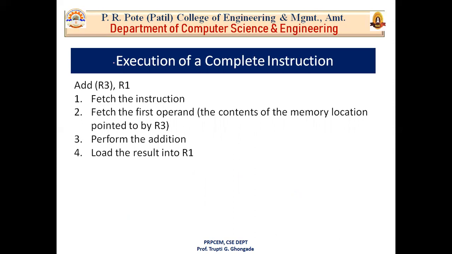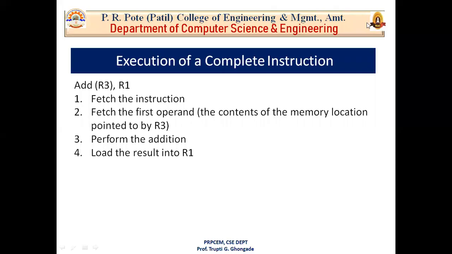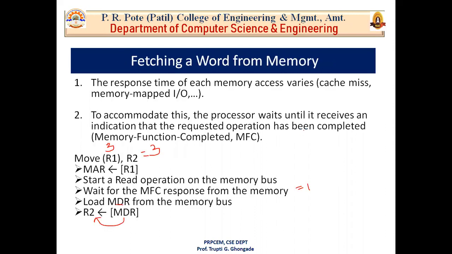Now after that, let's see how writing a word into a memory location has been done. In a similar way as we performed fetching a word from memory, writing a word into a memory location follows a similar procedure.